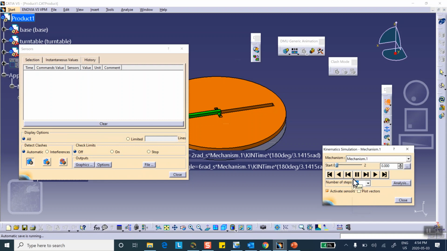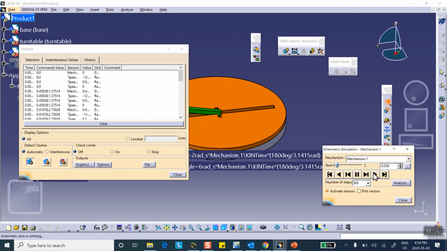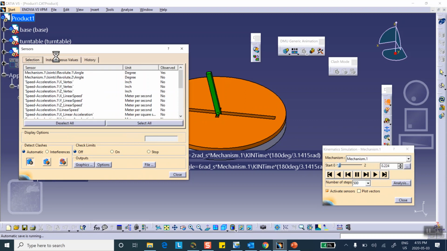It will affect that last plot to some extent. Those jumps you may not be able to get rid of completely. But this is going to take maybe a couple of minutes because it is 500 steps, obviously, so we can see it's going to go slower. Then we're going to look at the three plots.